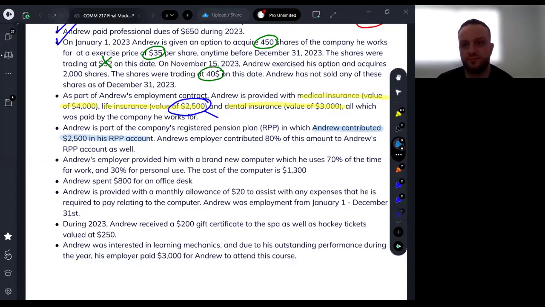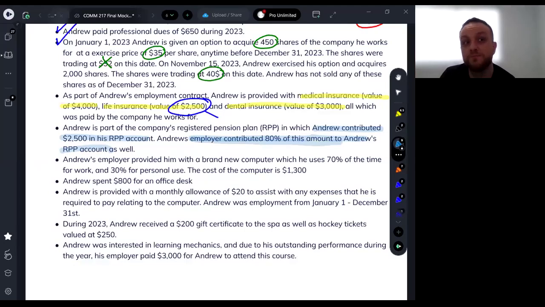Is the employer's no effect, right? The employer's money is not taxable, so no effect, correct? And what about when Andrew put money, is it also no effect? No, when Andrew put money, you could deduct it. That's why they encourage you to do these plans, because the money you pay, you get a minus, and the money your boss pays is tax free, no effect.